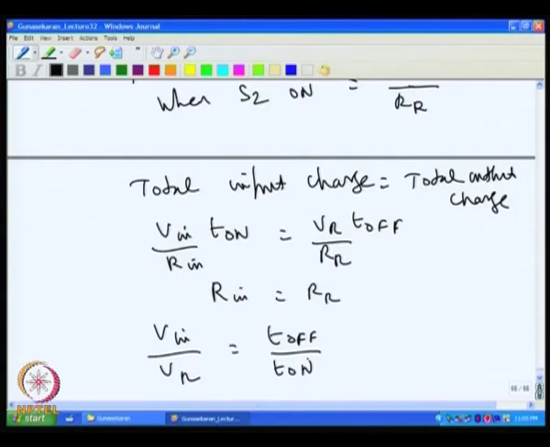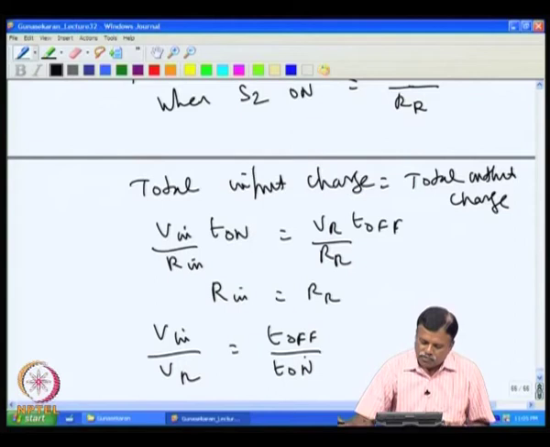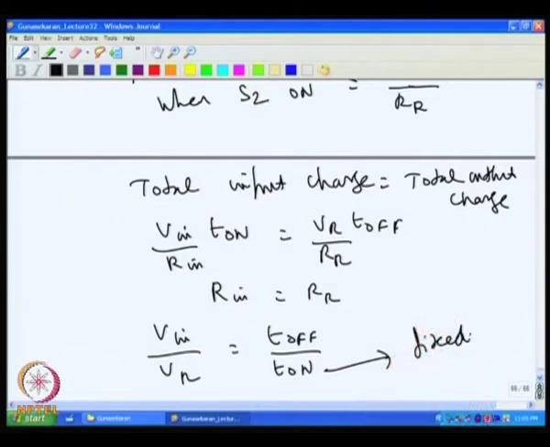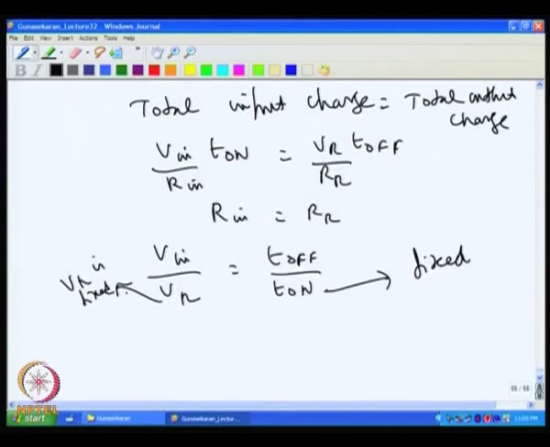The ratio of the voltages is now controlled by the ratio of the times, that is, the on time and the off time. If T on is fixed and V R is fixed, then V in is proportional to T off.